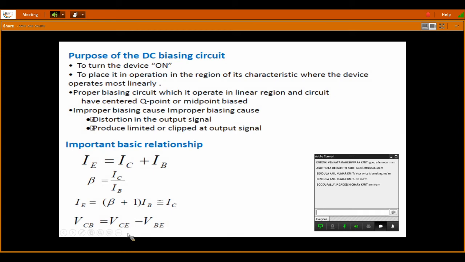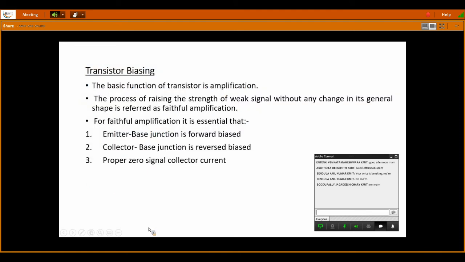Now the collector to base voltage is VCB, and the collector to emitter voltage VCE is equal to the summation of the collector to base voltage plus the base to emitter voltage. Hence the collector to base voltage VCB is equal to VCE minus VBE.